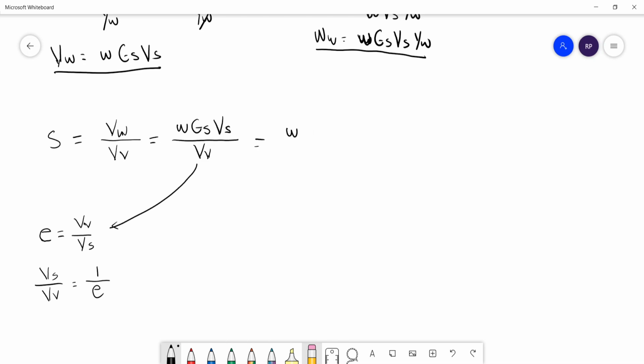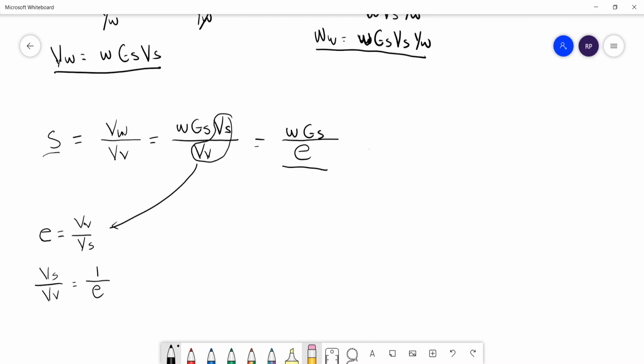So, we would have W, Gs, and VS. Okay, wala na pala yung VS. Itong parte na to, ito ay magiging 1 all over e, or simply e sa baba. And then, ito na lang natira, S, and this one.